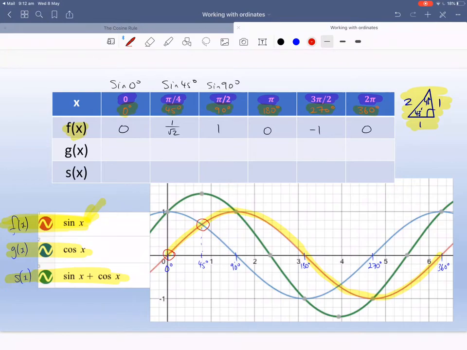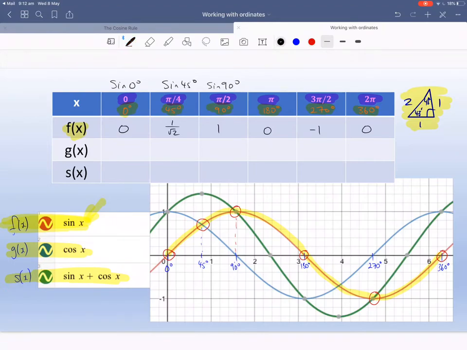And you can see that at 90 degrees, your value is 1, okay? And then if we go 180, the sine value is 0. At 360, it's 0. And at 270, it's actually -1. So whether you use the graph or whether you use the calculator, you get the same thing.